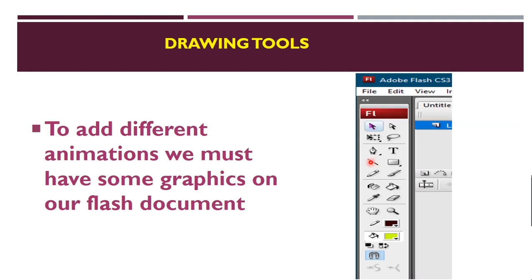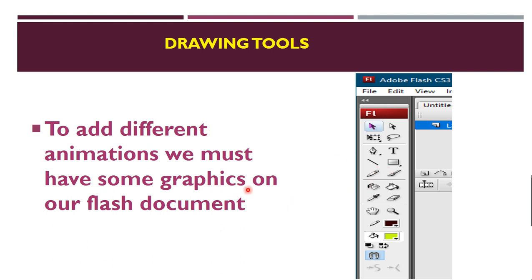At the end of the last chapter we were discussing the different selection tools, and in this chapter the new thing is the drawing tools. These are used to add different animations, and for animations we must have some graphics on our flash document, right?